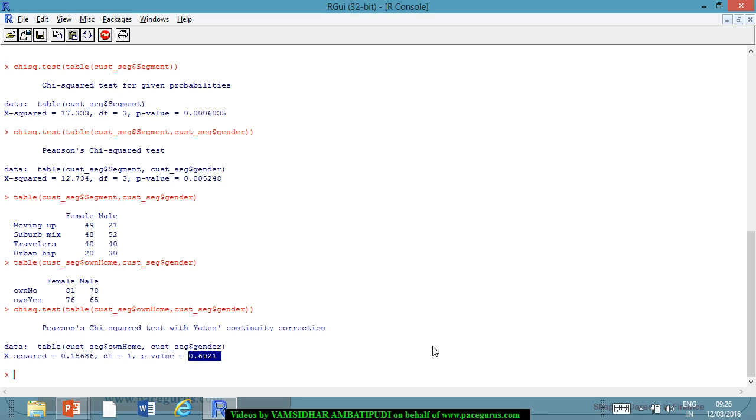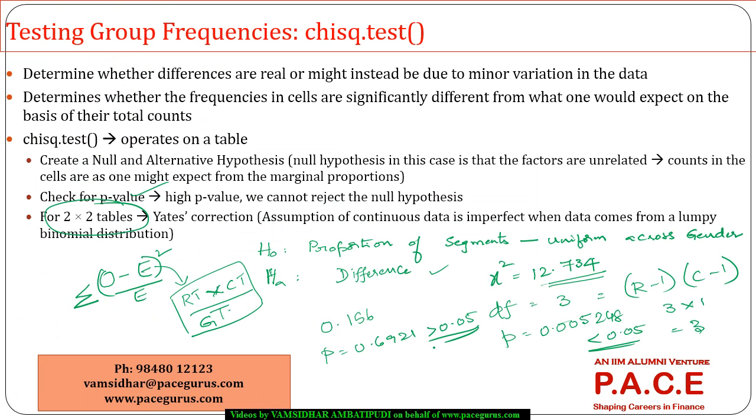The proportions of males and females across the ownerships are more or less similar. So that is where I cannot reject the null hypothesis.